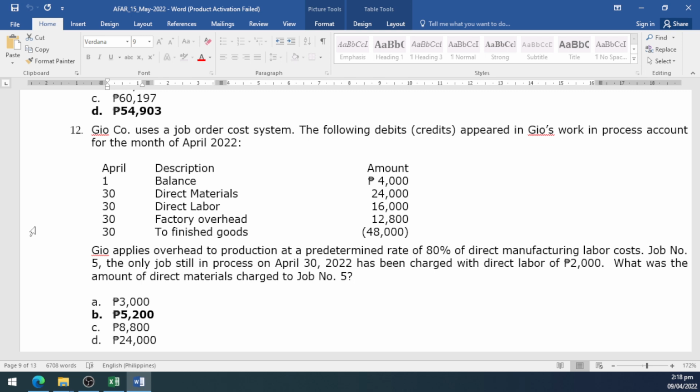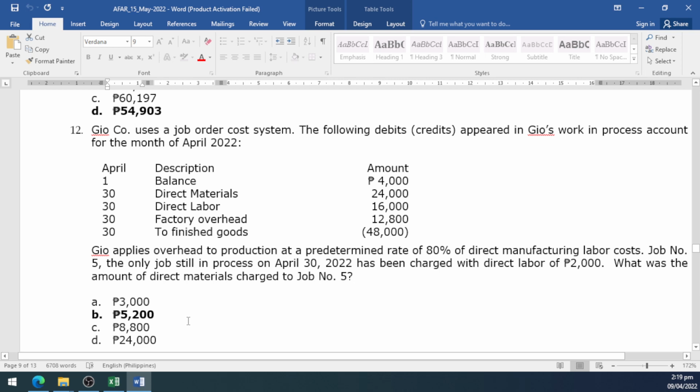Ang labor daw niyan, 2,000. Ang overhead is applied at 80% of DL cost. So, 80% ng 2,000, that's 1,600. So, 8,800 minus 2,000 at minus 1,600, yan po yung ating direct materials charged to job number 5 na 5,200.